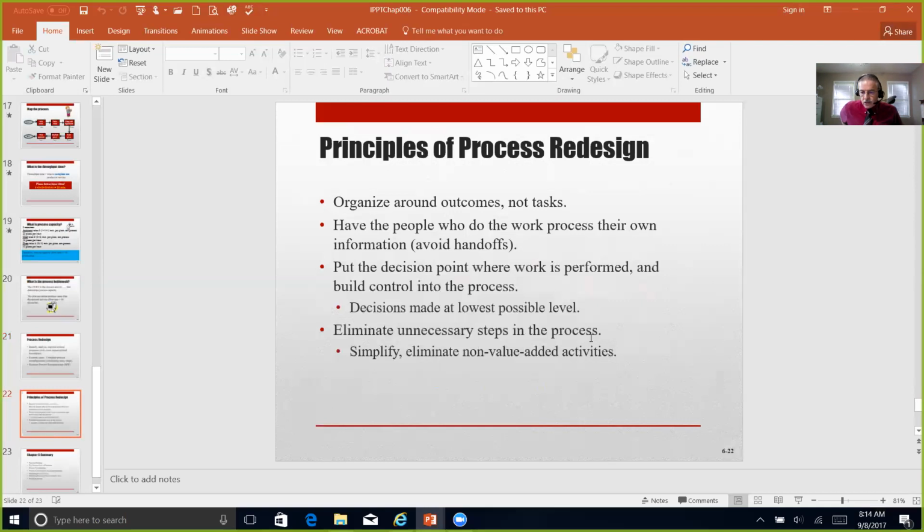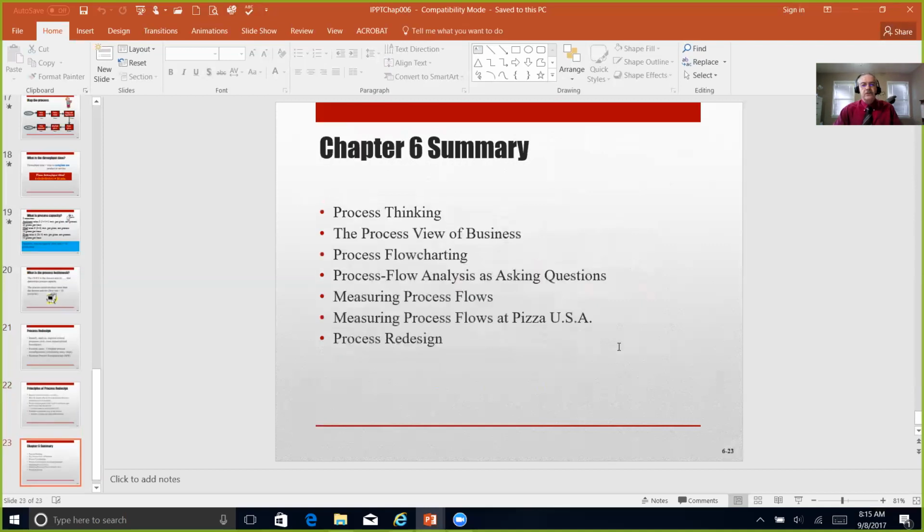So when you have those things, even though they are required, is there a way to do them better? Not that you are going to eliminate that step, but is there a way in which I can do that step better? And that's all part of this process redesign when you take a look at that.